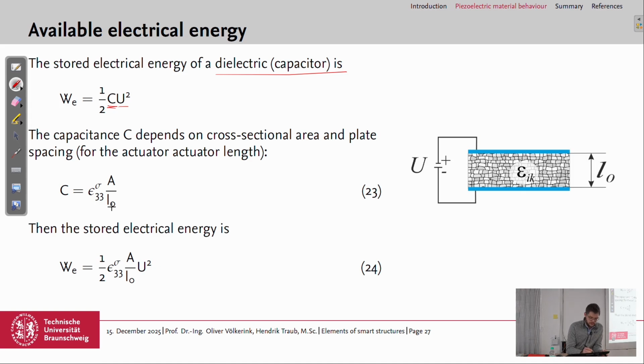And the capacitance can also be expressed as the permittivity in 3 direction at a constant electric field times the area A divided by L0, which is the distance between the electrodes here. And then the stored electrical energy, if we use this equation above and insert this definition of the capacitance, we come up with this equation for the stored electrical energy.